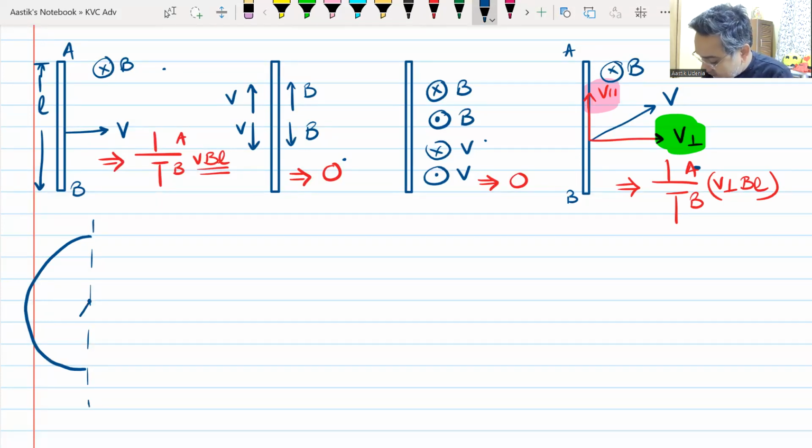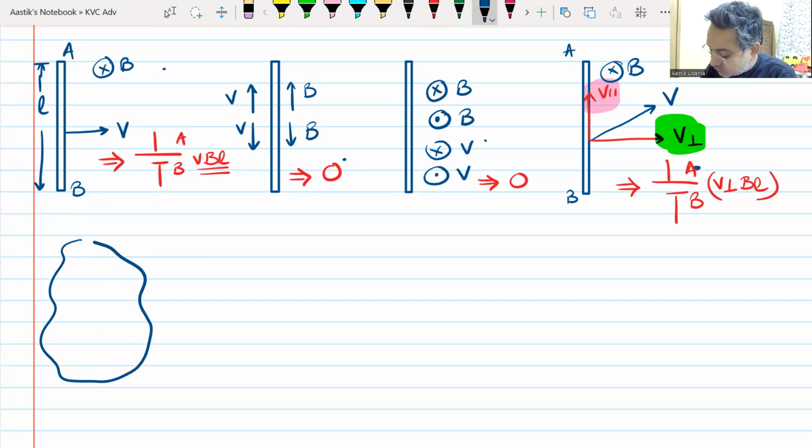Let us imagine that I have a semicircular loop. Let me take it this way. I have a closed loop which is placed in a magnetic field B and which is moving with a velocity v. A closed loop. What will be the EMF induced in this loop?